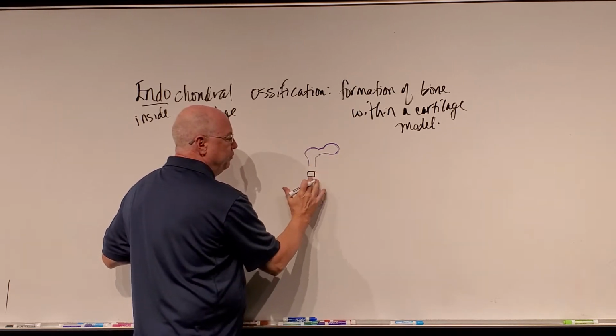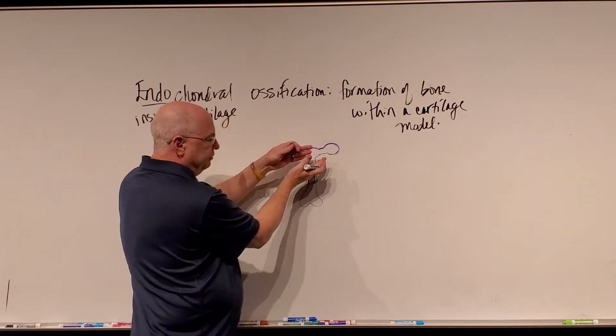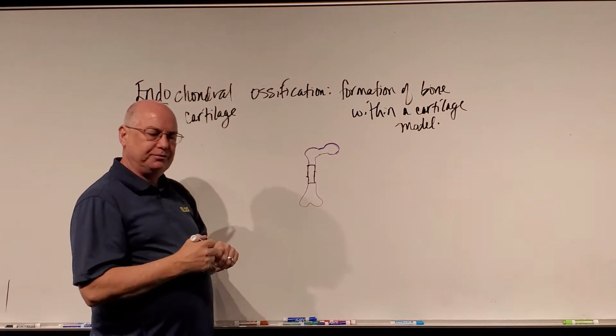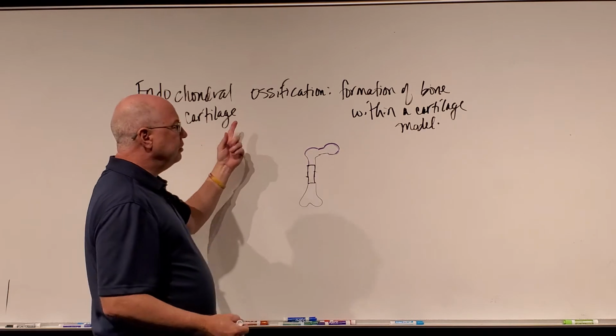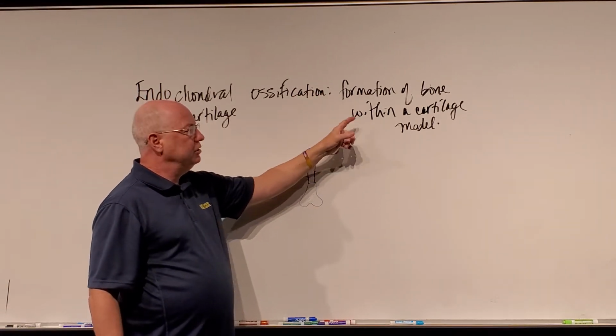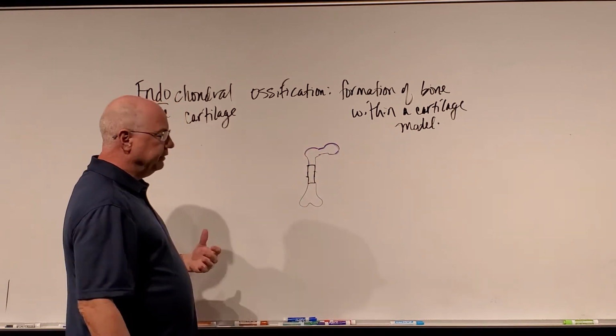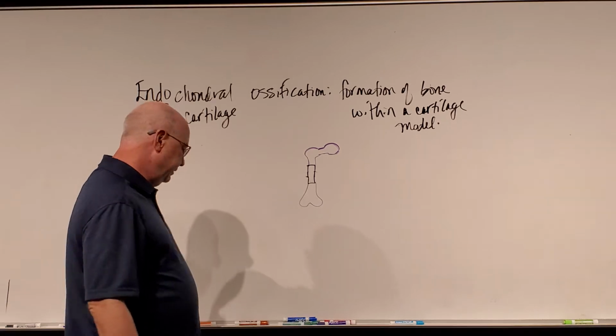And then we remove more cartilage and replace it with bone. And over time, the bone will grow out from that center. So endochondral ossification simply is the formation of bone, ossification, within a cartilage model or inside a cartilage model of the bone. And this happens for all the long bones of the body.